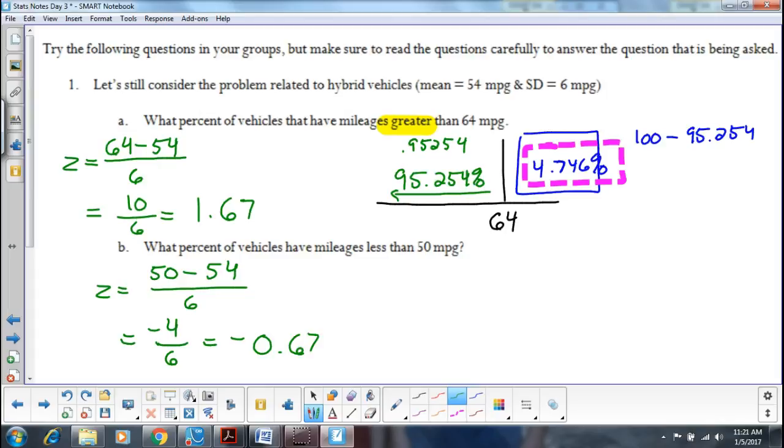Okay, and I'm looking for below, so whatever I get on my chart is going to give me direct, right? So I go to negative 0.6, and then I slide over to the 7 column, and I get 0.25143.